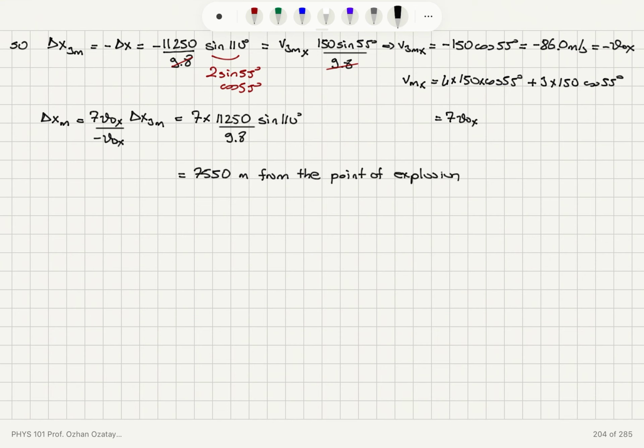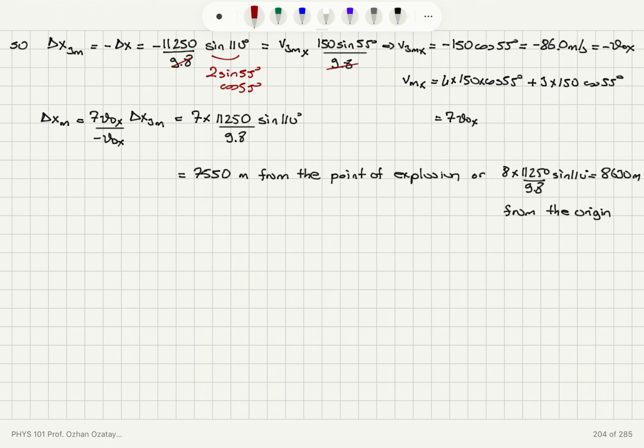Okay, so this is where the fragment with mass m lands, or it is 8 times 11,250 over 9.8 sine 110, 8,630 meters from the origin.